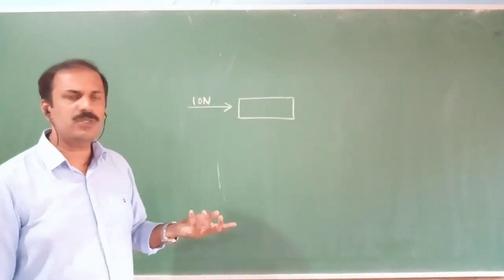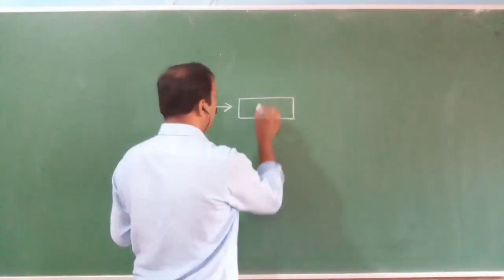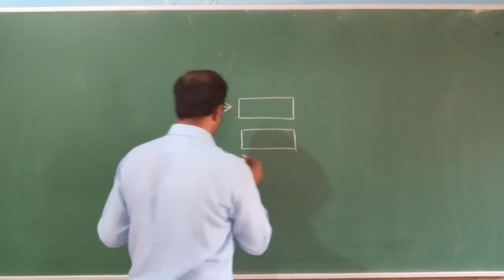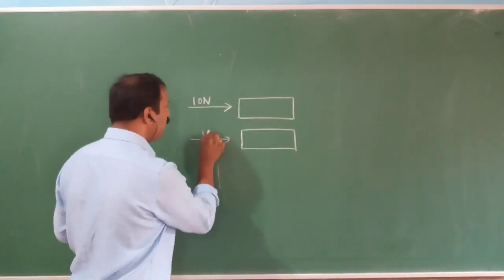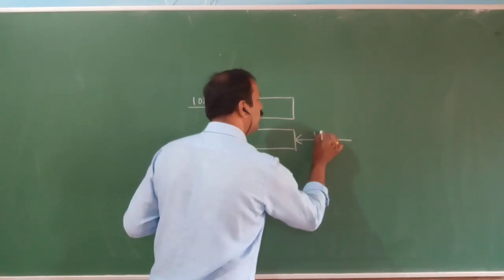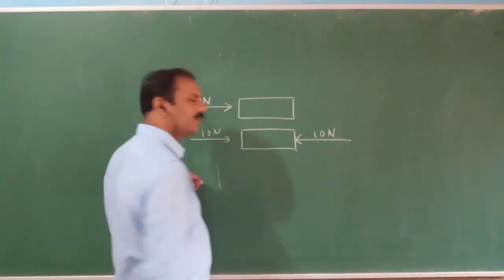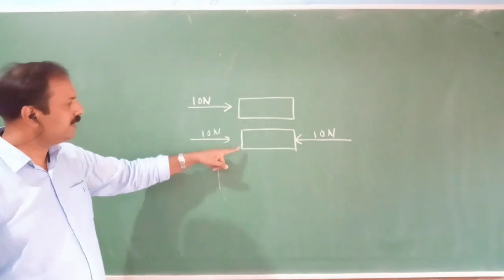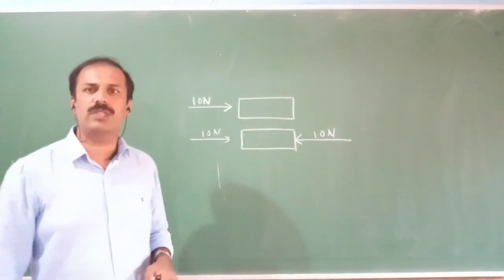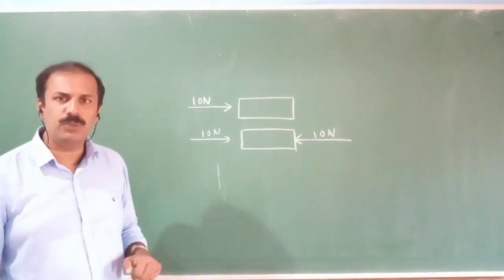Now think of another situation, where you have a similar object, and you are applying a force of 10 Newton from this side and another 10 Newton from this side. So you can see that on this side there is 10 Newton force, and from the other side also we have 10 Newton force. So this object will not move.